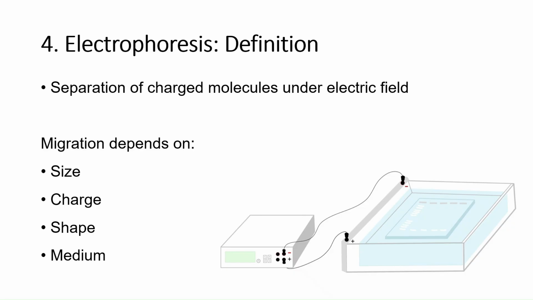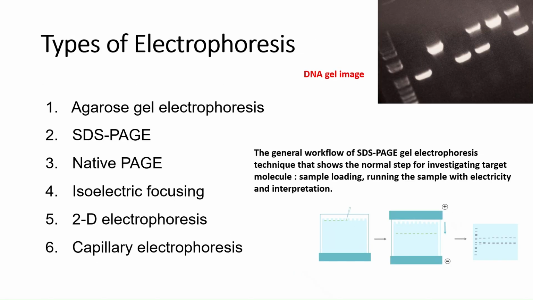Electrophoresis. Electrophoresis separates charged molecules in an electric field. Migration depends on size, charge, shape, and medium. DNA moves towards the positive electrode. Smaller fragments move faster through gels.